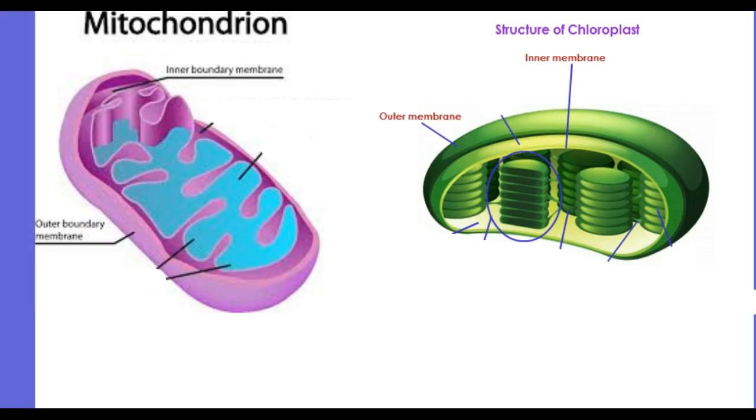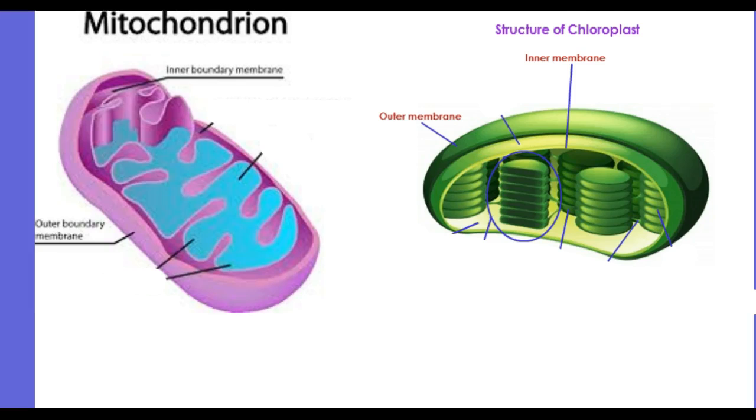So the next thing we're going to be talking about is prokaryotes and eukaryotes, how they're different, which we've talked about already, but there's something that has to do with the membranes that we're going to talk about. So it relates to membranes, and that's why we're talking about it in this unit, okay?